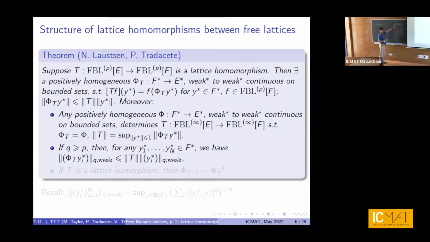So let's say you have an n-tuple of y_i star, then its cubic norm is, well, there are many ways to think of it, but one is to take the supremum of all the norms of the sums of lambda_i times y_i star, and the supremum is taken over all the sequences of lambda so that the sum of lambda_i to the power q prime is no more than 1. q prime is the conjugate exponent of q.